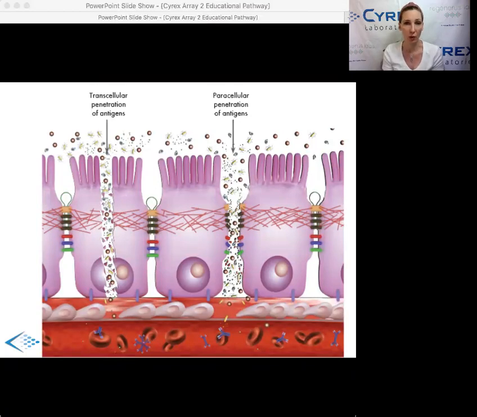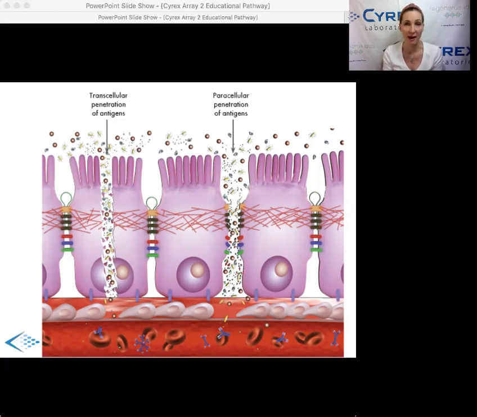So first up, when you have a look at the gut wall, the tight junctions in the gut wall, you can see that the epithelial cells themselves are bound together by tight junctions, which are regulated by membrane proteins or regulation proteins. So paracellular permeability involves the tight junctions.